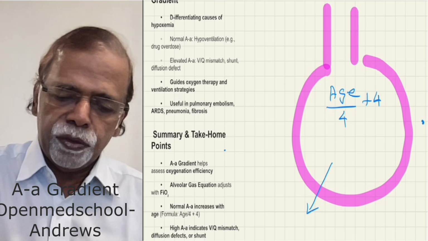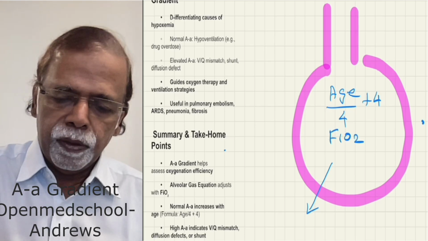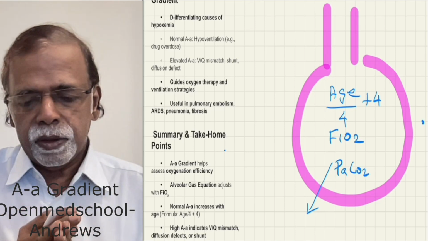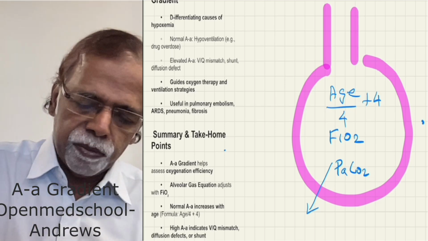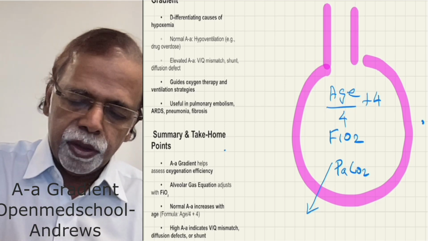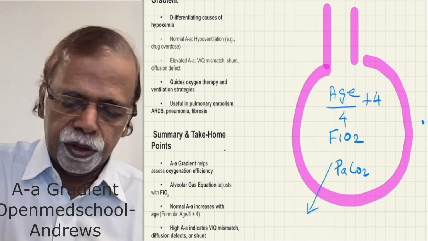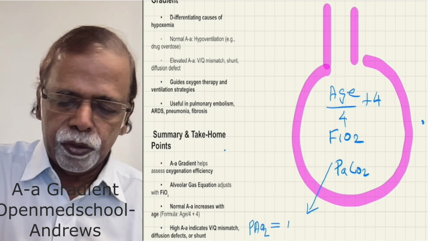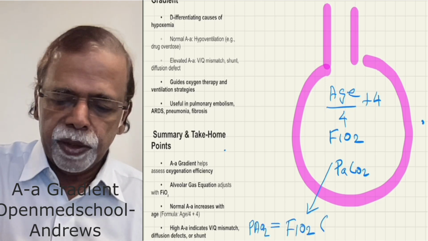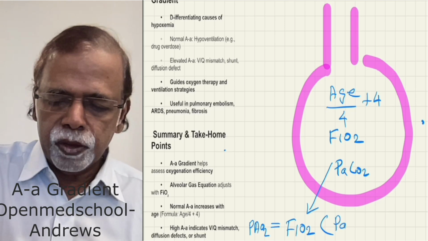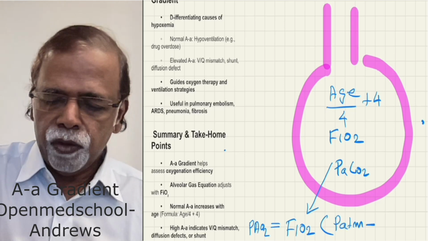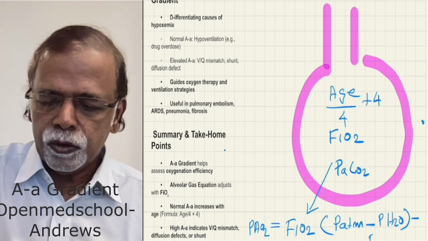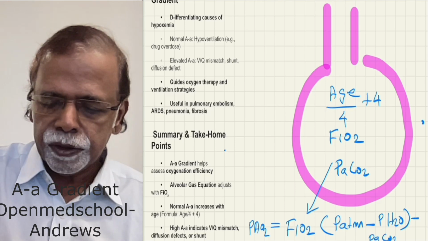And the FiO₂ and PaCO₂ also influence the AA gradient, as you know from the Alveolar Gas Equation, which is PAO₂ equal to FiO₂ multiplied by atmospheric pressure minus water vapor pressure, minus PaCO₂ divided by the respiratory quotient.